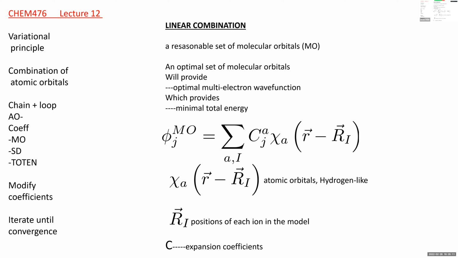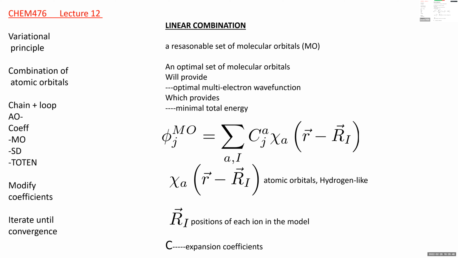So in application to computational chemistry, I'll slow down and discuss the notations. We do have many ions in a molecule. The position of each ion I is symbolized by uppercase R sub I. And if we want to build a molecular orbital, a wave function of a single electron, we need to include a summation over all ions.